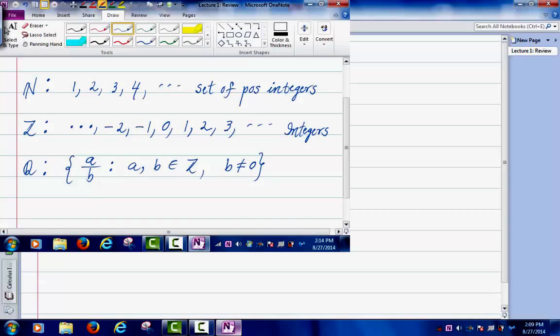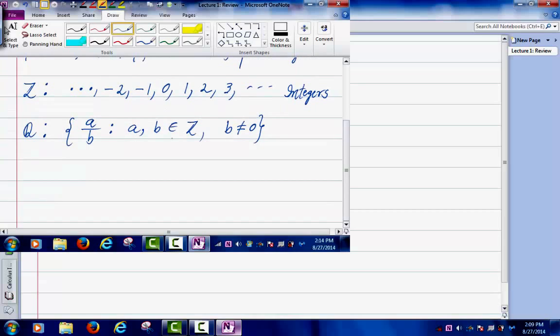The symbol that I have here, that symbol means belongs to, or you can say contained in. So this symbol says a, b belongs to the set of integers.